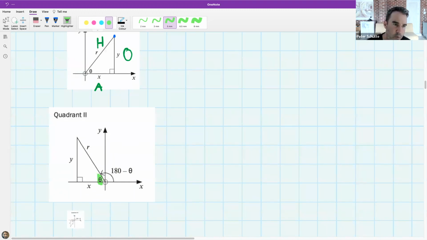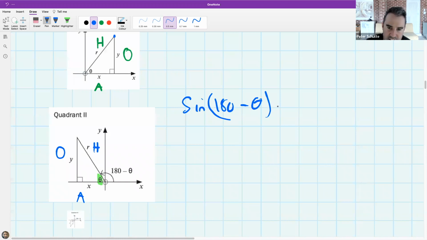The other thing I want to point out is that if this is O and this is H and this was A, can you see that the sine of 180 minus theta, the sine in that quadrant, is going to be just Y over R, or O over H?